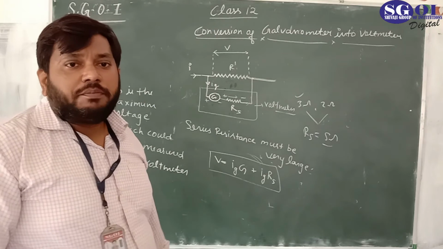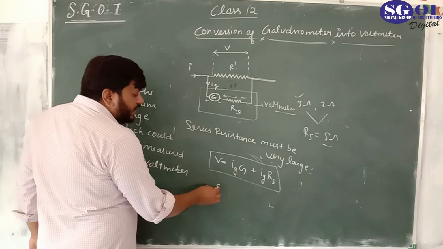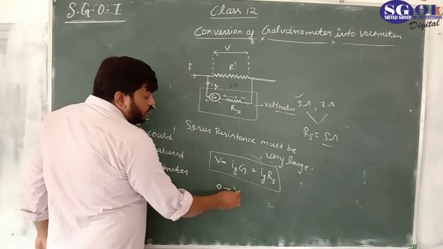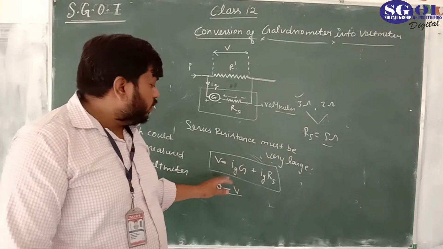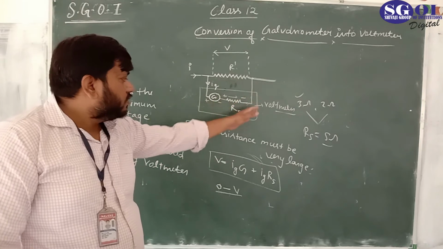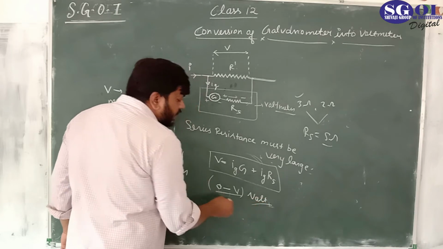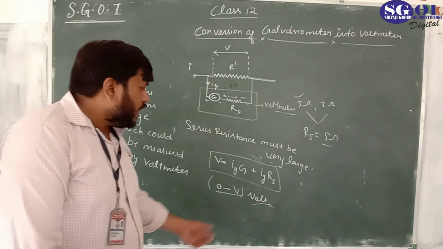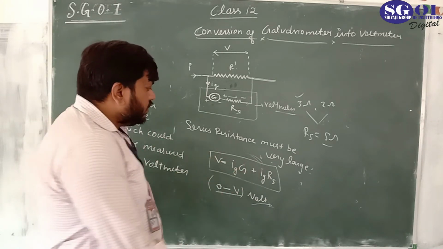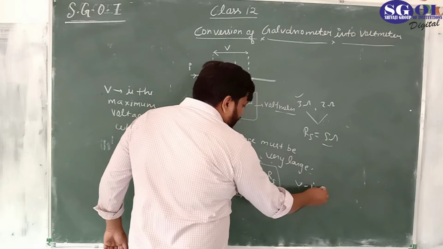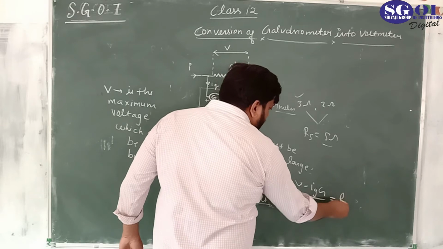You could decide the maximum voltage V, and from here you could decide the range, meaning the voltmeter can read from 0 to V. You can also find the series resistance Rs if you are given this value V, by using (V minus Ig into G) upon Ig equal to Rs.